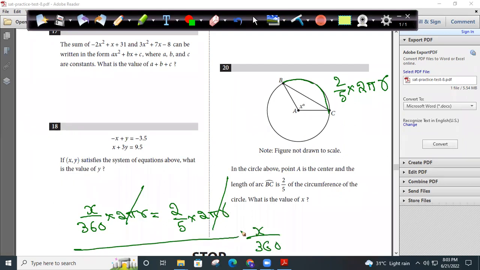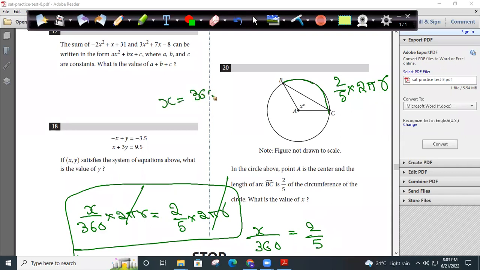You just need to write the information given in the question. That is why I like these questions. SAT questions are not too high-level math, basic, but only a few can solve them. Why? 360 into 2 by 5. 5 goes into 360 72 times. 72 into 2 is 144. So the value of x is 144. So 144 should be my answer.